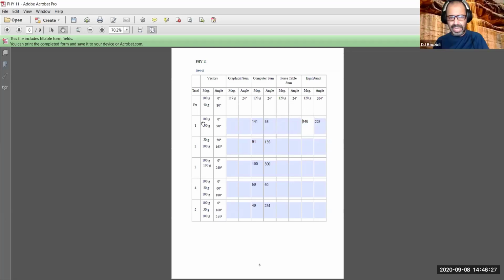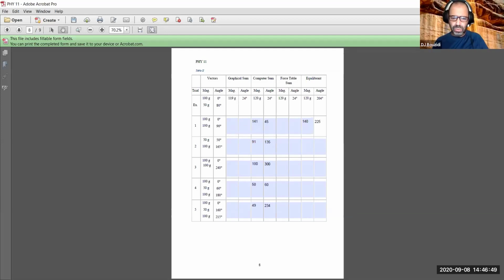The equilibrant should be 140 because we have increments of only 10 grams in the actual lab, and it's opposite to where the resultant is. So if the resultant is 45 degrees, I add 180 to find where the equilibrant is.